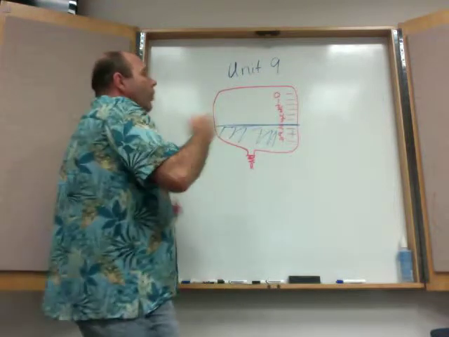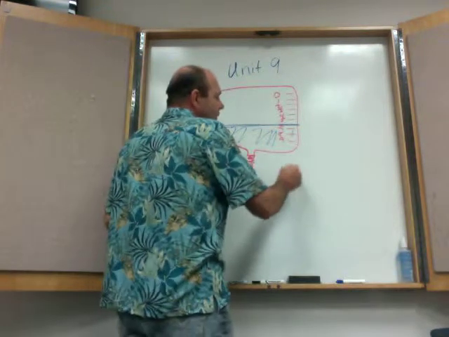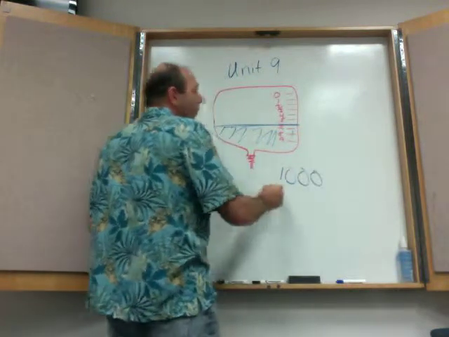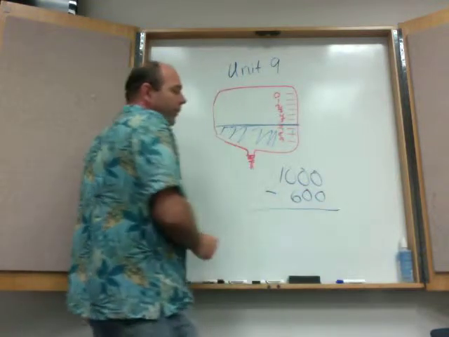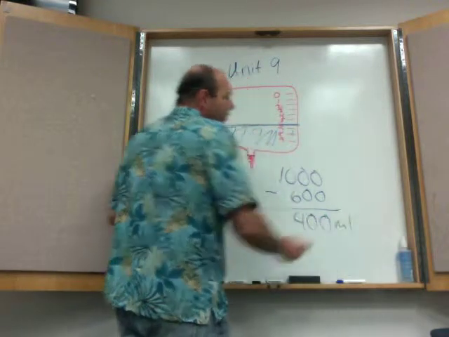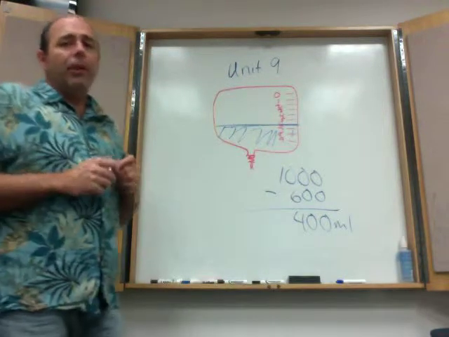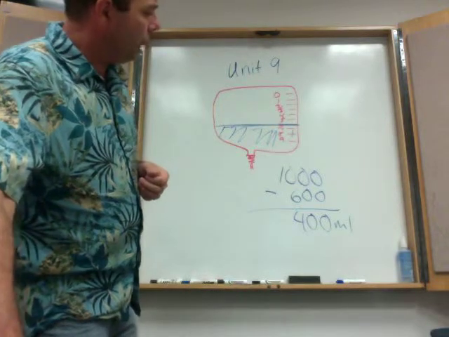And so to determine how much is left to be infused, you take the size of the bag and quite simply subtract off how much has already been infused. And that'll tell you the amount remaining. And it doesn't matter what size of IV bag you use.